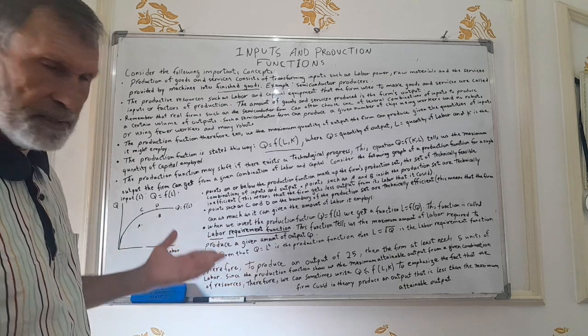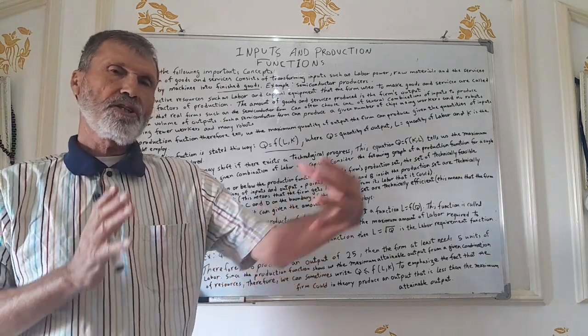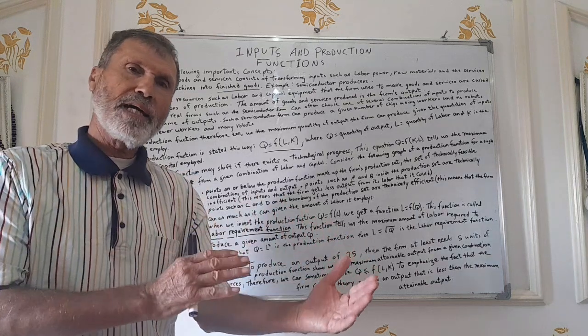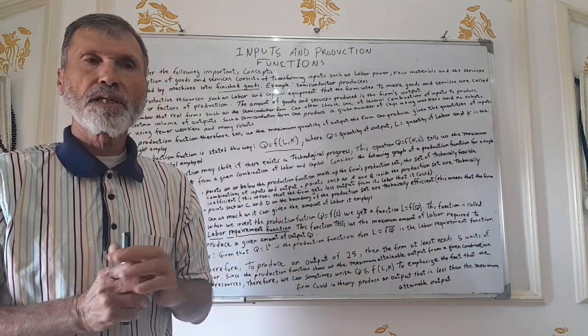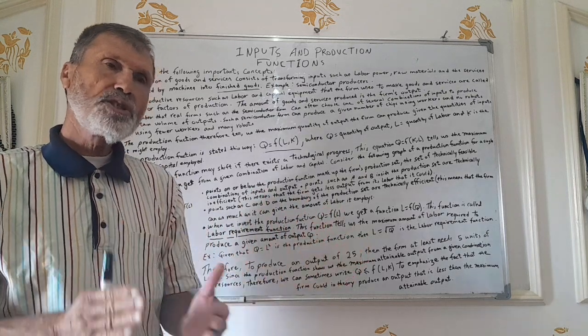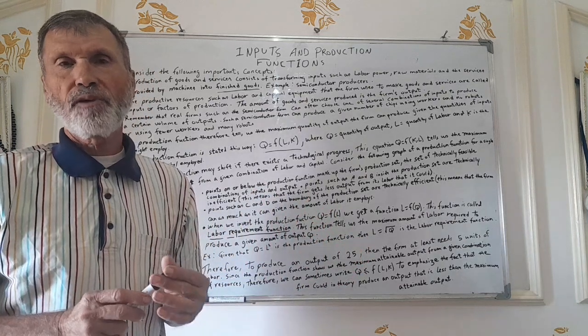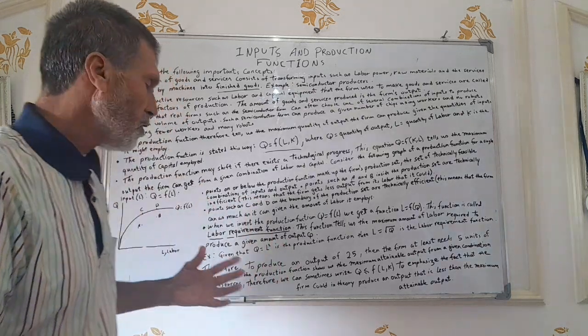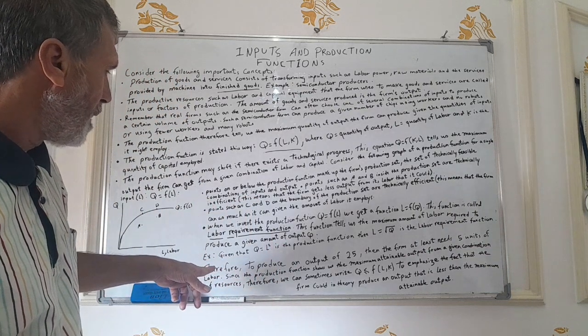So an example of this: you have Q as a function of L. When we invert that function into L as a function of Q, we come up with another function that is called the labor requirement function, which gives us the amount of labor required to produce a given amount of output. This example shows you exactly what to do.